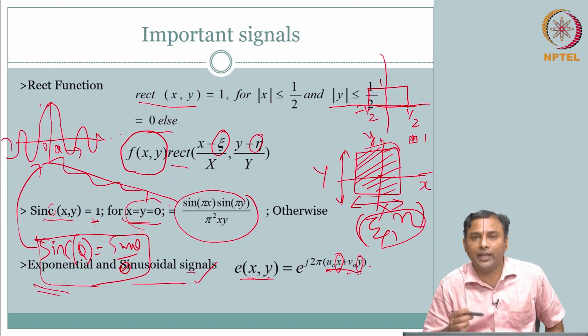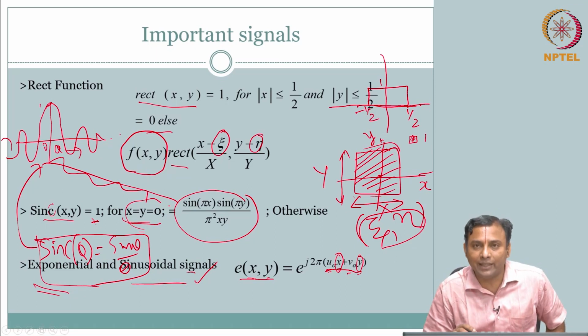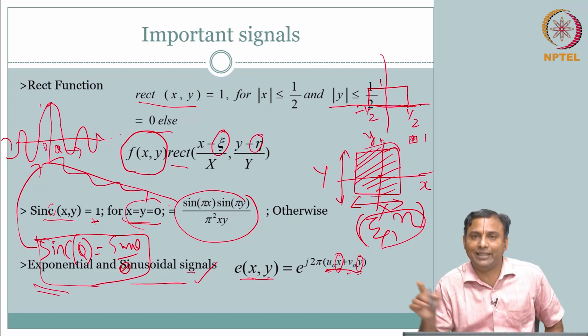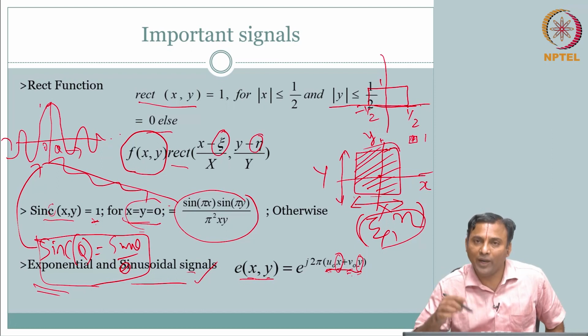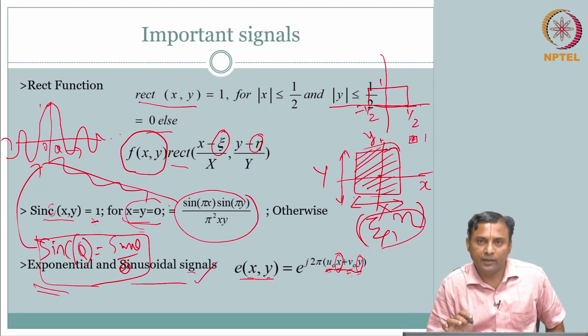So, if x and y are in millimeters, then u naught is going to be number of cycles per millimeter in the x direction. Likewise, v naught is going to be number of oscillations in the y direction. So, the meaning of frequency is the same, right.